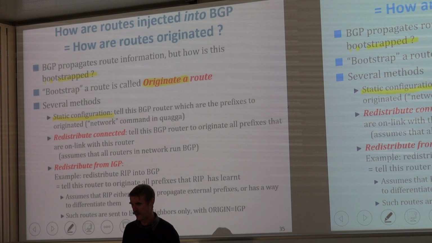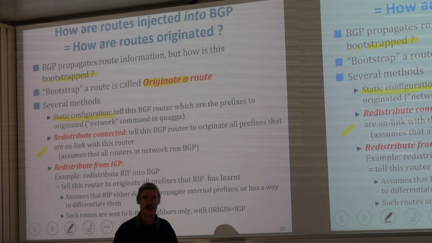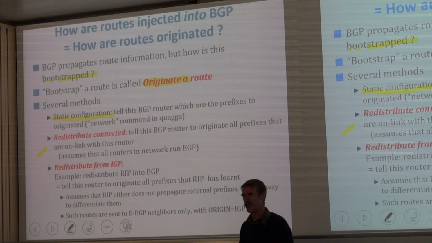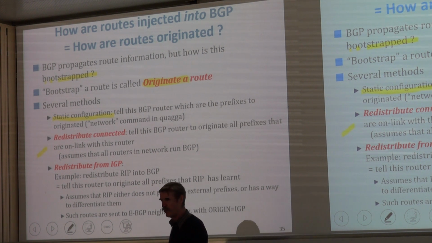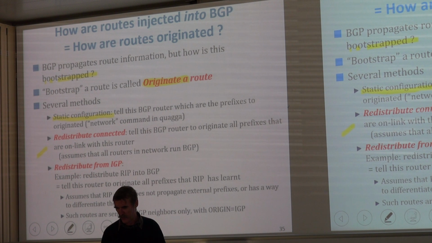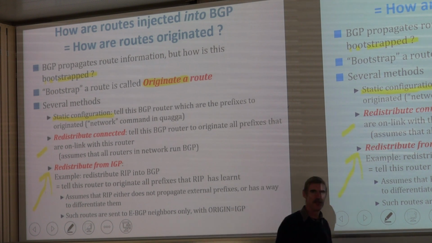This is done in the tools we use with the network command. This is static, so like any static thing, you try to avoid it unless it's for very, very specific things, like default routes. In general, you prefer things that are more automatic. There are two ways, and the most natural way is called redistribute from IGP.